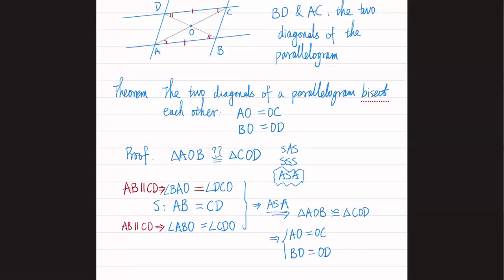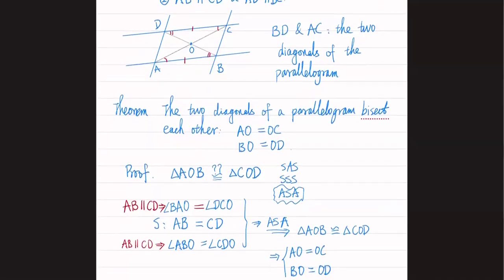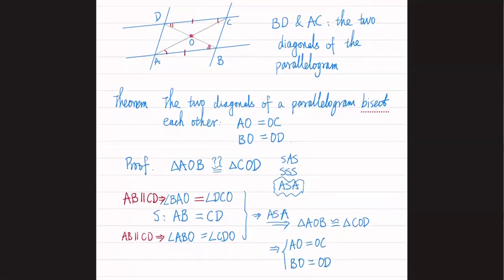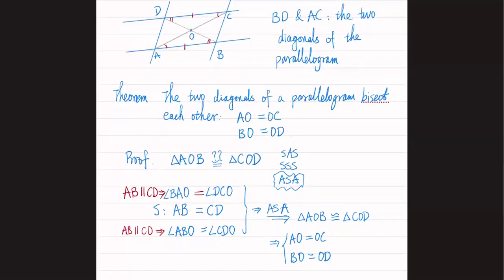In this way, we conclude O is the center point of AC and the center point of BD. So the two diagonals bisect each other. In particular, we will call this the center of the parallelogram.